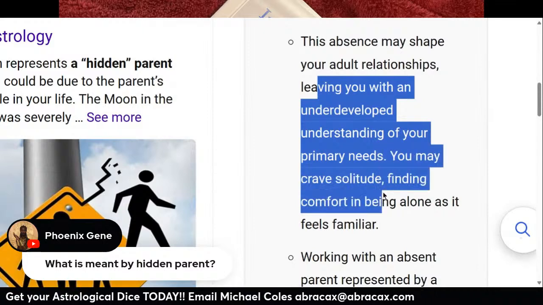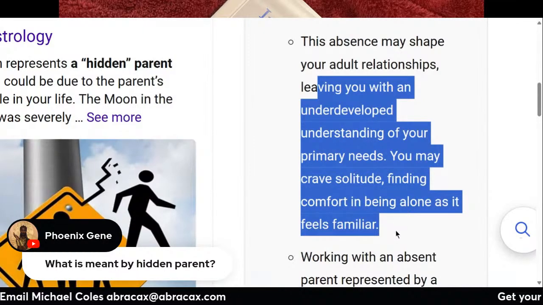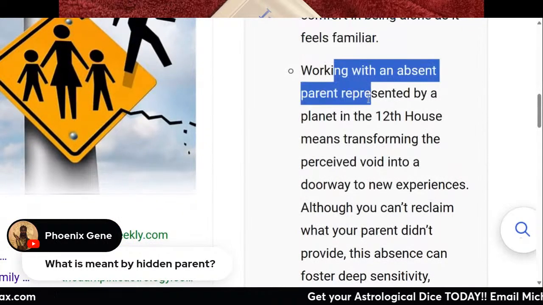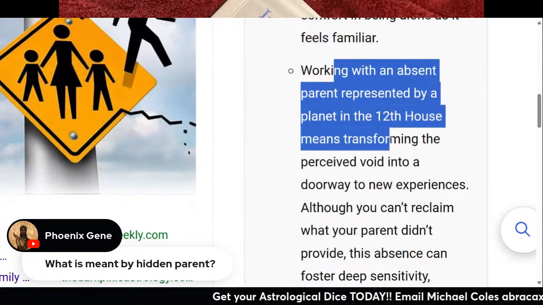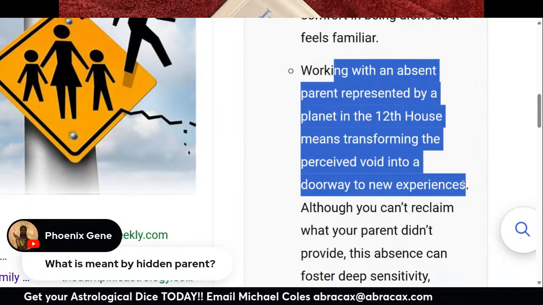You may crave solitude, finding comfort in being alone as it feels familiar. Working with an absent parent represented by a planet in the 12th house means transforming the perceived void into a doorway of new experiences.